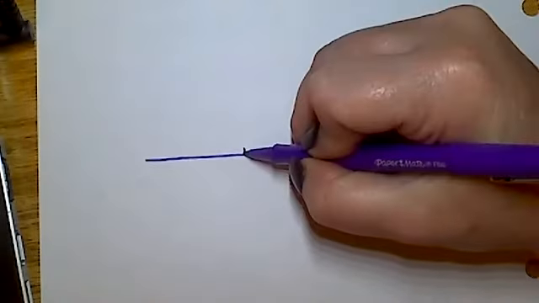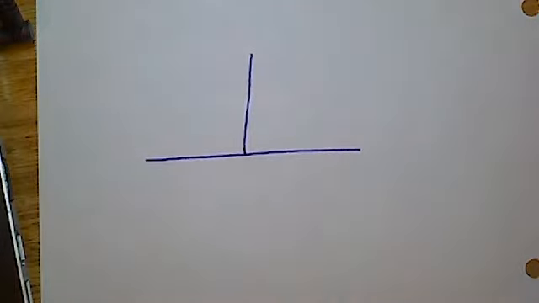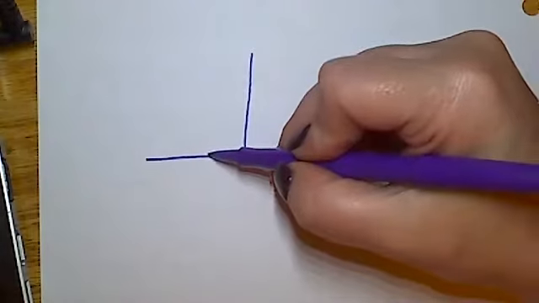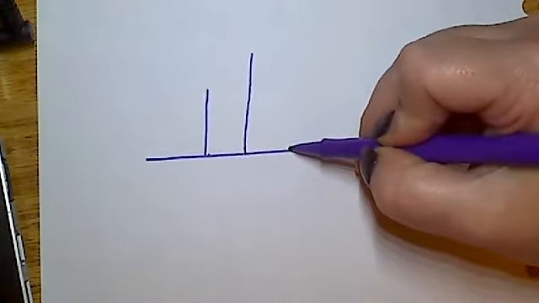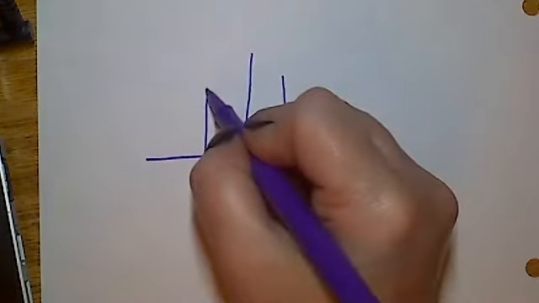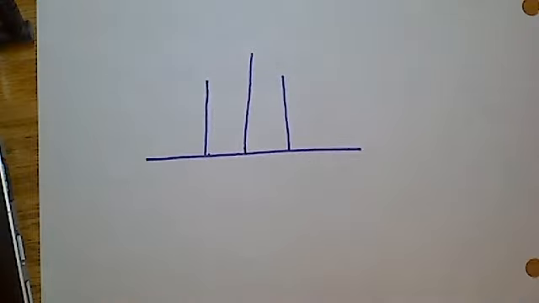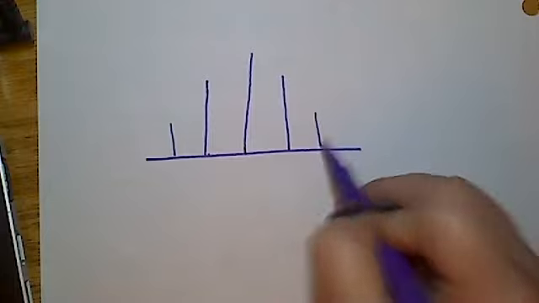Go ahead and put a hash mark, and go up for the mean, for that average. Then you can draw some other hash marks, but not quite as high, keeping those symmetric. You can see that's not really symmetric right there, so I'll bring that up a little bit more. And then I'm going to space those out.